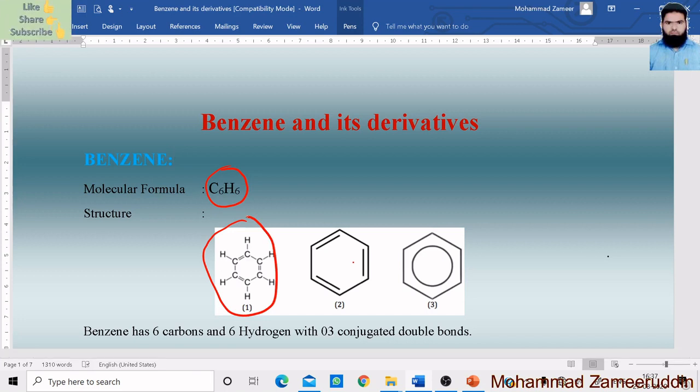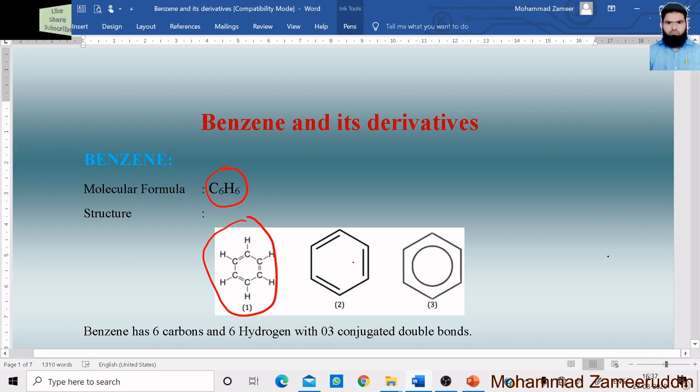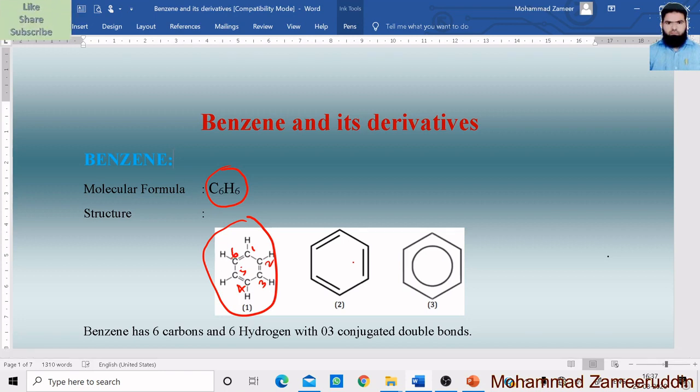Each carbon is connected with another carbon in a cyclic ring, that is a 6-membered ring. This is 1, this is 2, this is 3, this is 4, this is 5, and this carbon is the 6th carbon. So here 6 carbons are attached to 6 hydrogens.